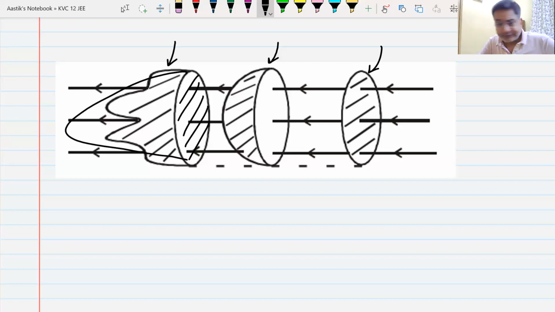Let me see if I can get any more good questions on flux, if they are available somewhere. Electric potential, dipole, electric field line, flux, hemispherical.